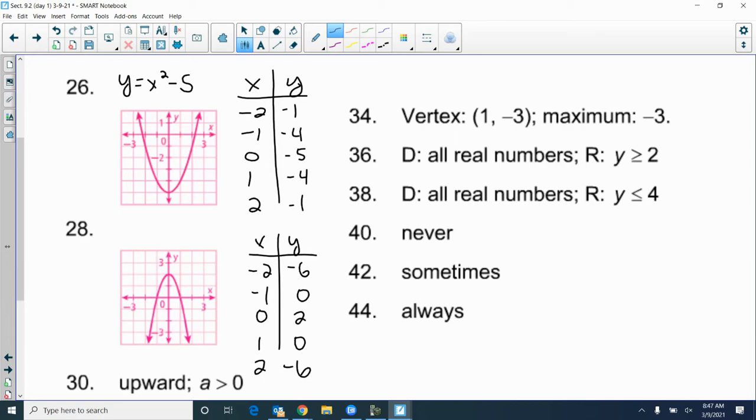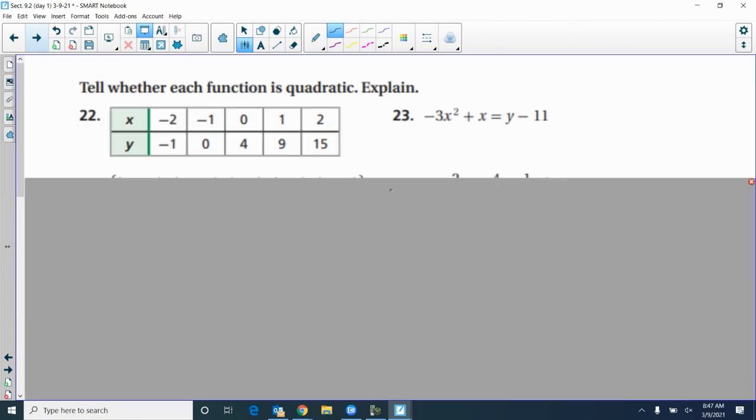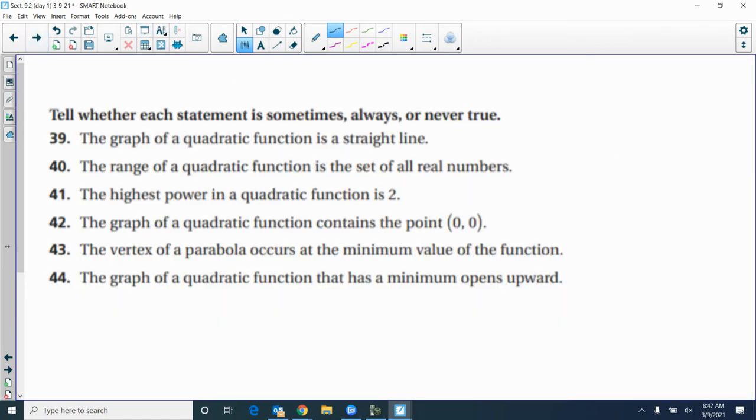All right, now I'm gonna do something here. Even though you didn't have to, take a look at 39. The graph of a quadratic function is a straight line. The graph of a quadratic, always, sometimes, or never. Josh, what do you think?